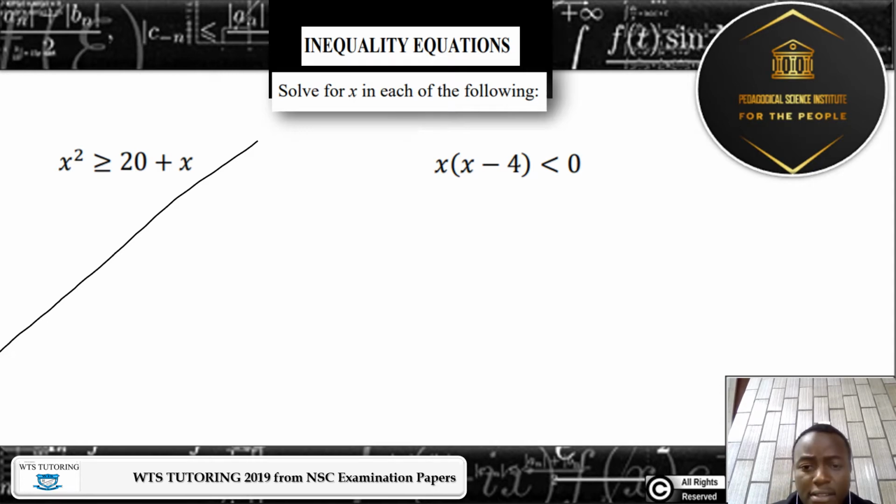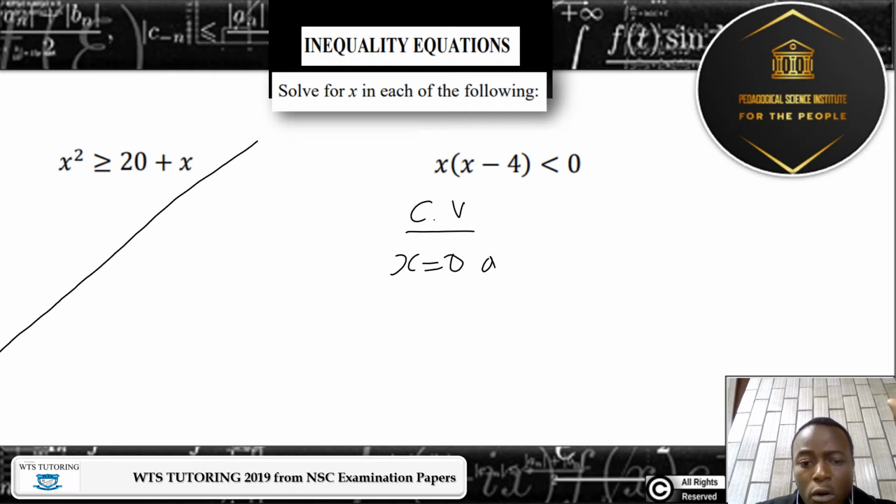And the answer is yes, we can get the critical values, right? Because we are going to assume that this inequality equation is equated to 0, then we can get our critical values. So we can just go straight to our critical values. Then we assume the equation is equated to 0, then you solve for x.